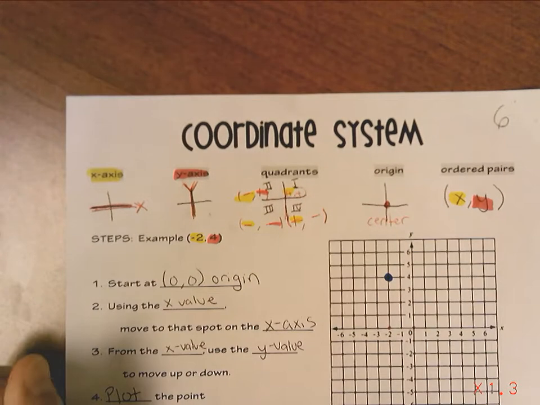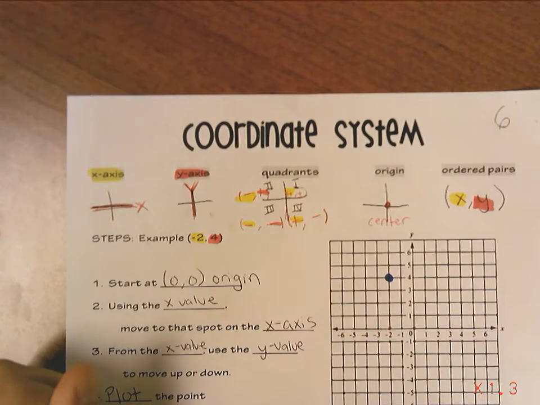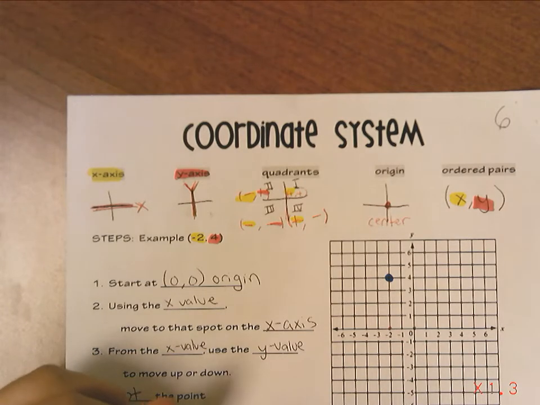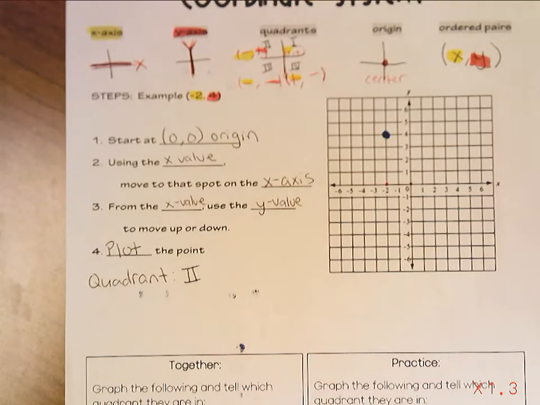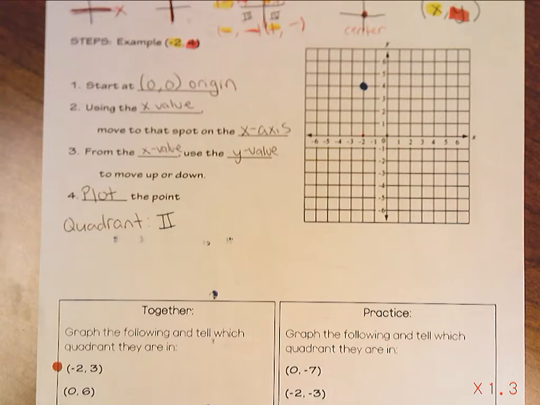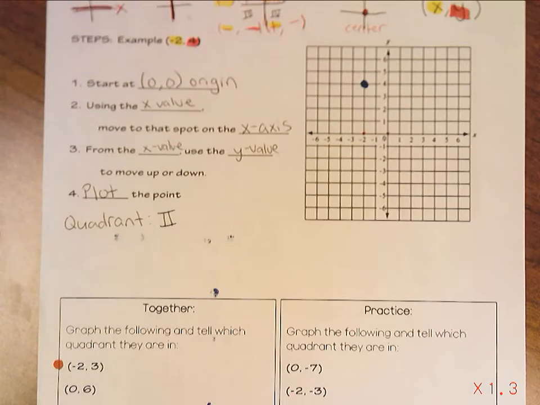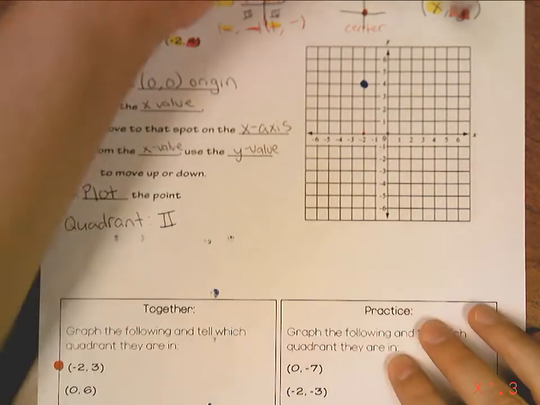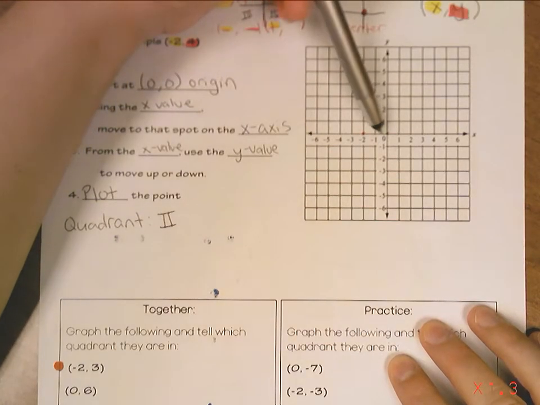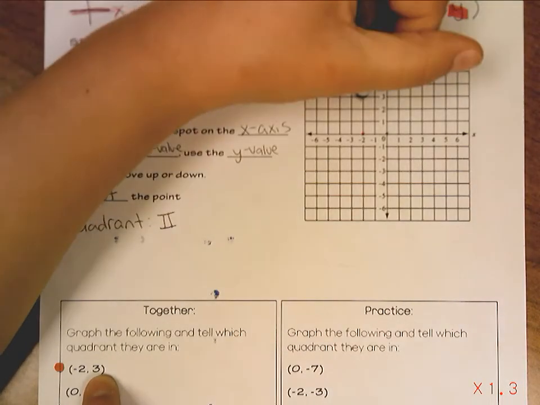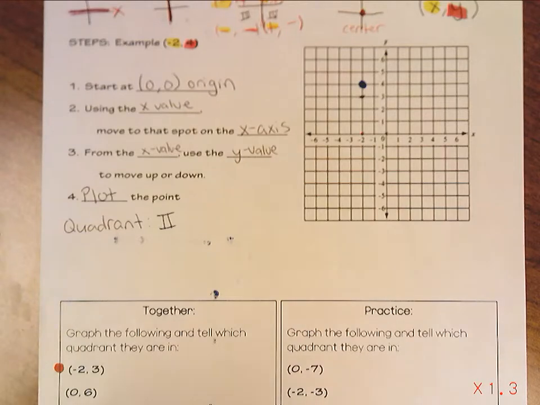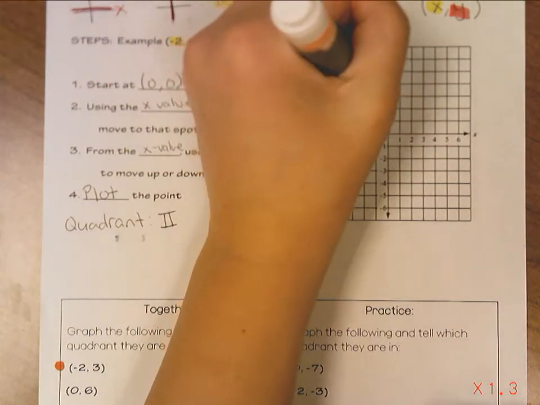So I'll even write that. Quadrant 2. Okay, so now we have (-2, 3). So we're going to start at the origin, go over -1, -2, and go up 3. 1, 2, 3. So it's going to be 1 below that. And I'm going to put a dot there.